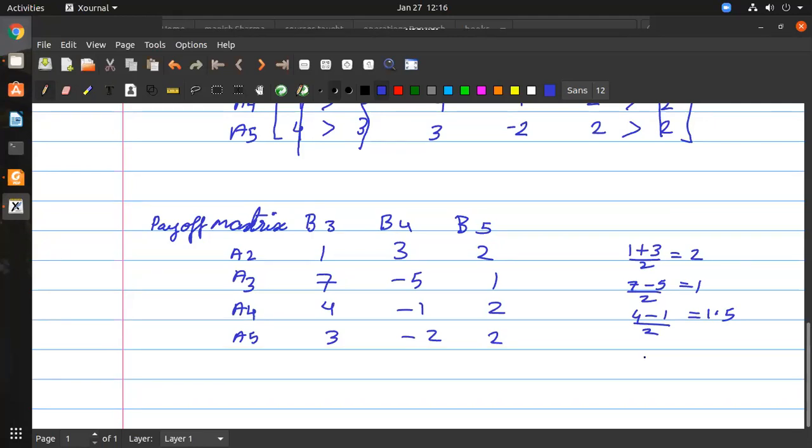The last one is 3 minus 2 divided by 2, which is 0.5.